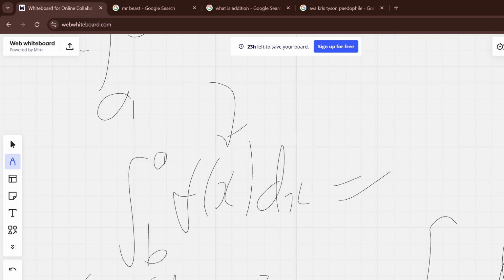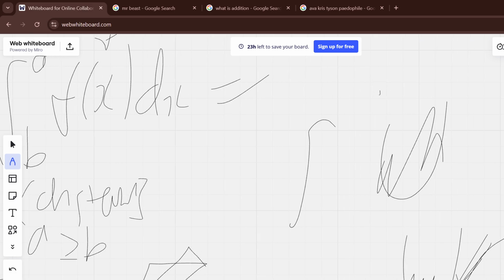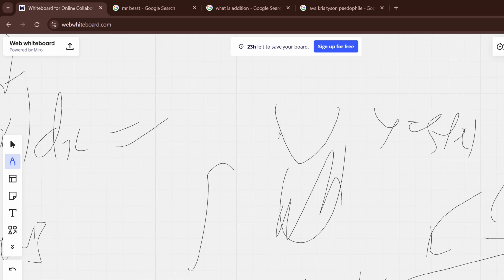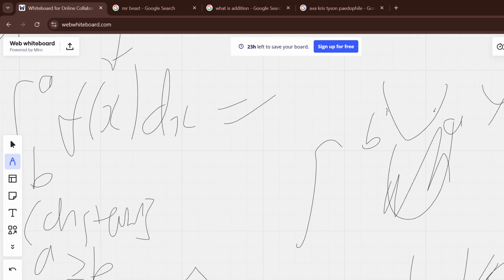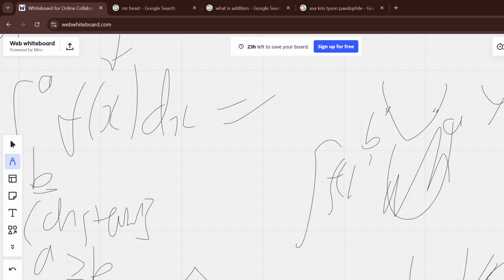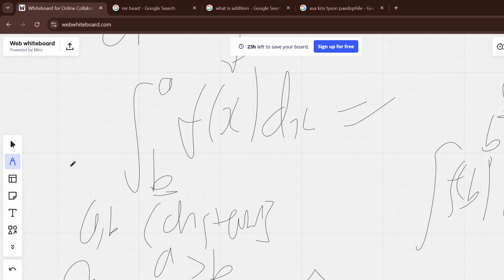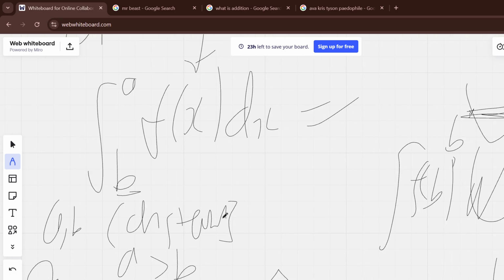Okay. Integral from b to a. What does this mean? Well, it means at some point on the curve f of x, this is y is equal to f of x, because y is equal to the output. Let's just say this is point B, this is point A. B is less than A, and B is a horizontal point, which has a vertical height of f of B, and this has a vertical height of f of A. We're going to find the area here, and we find this using integration.